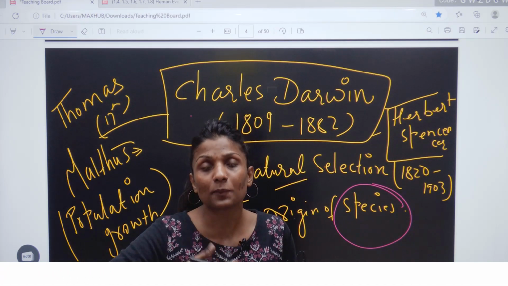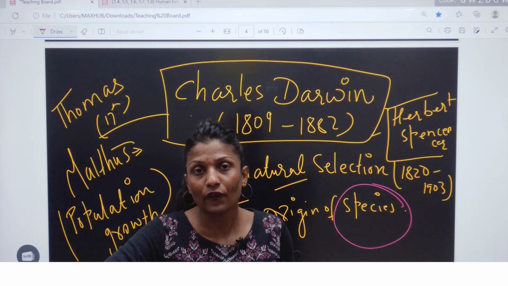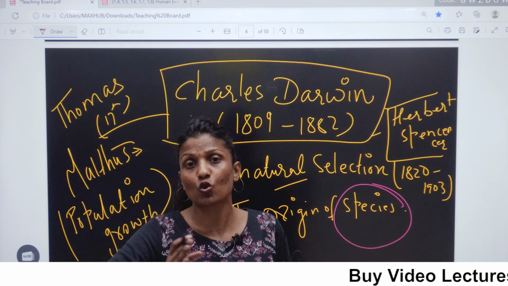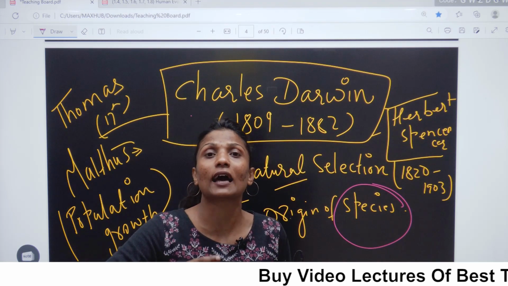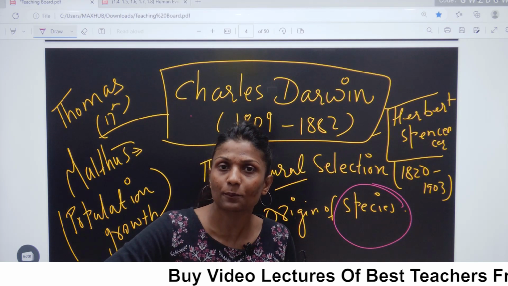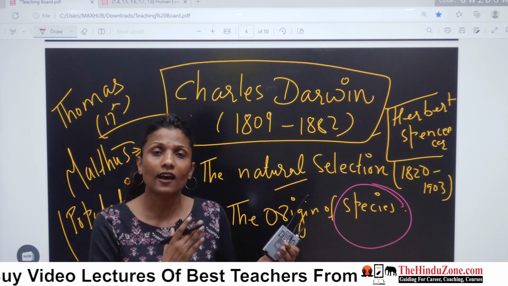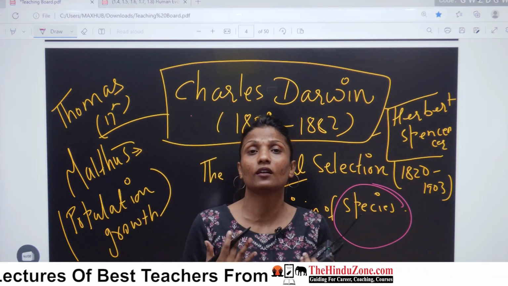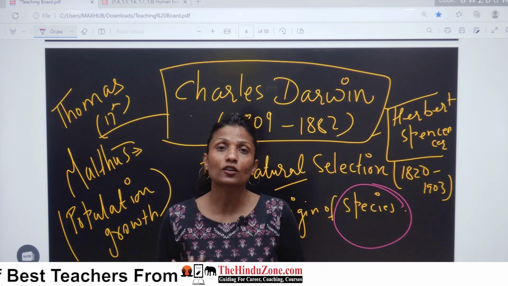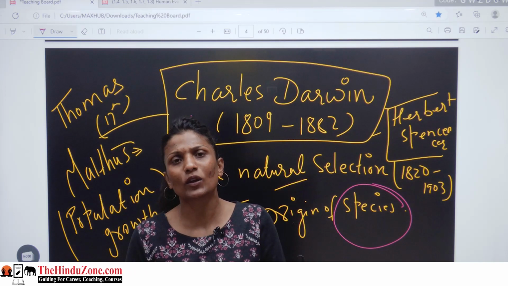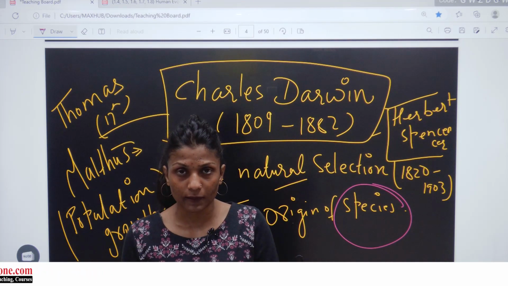Spencer says that the way organisms evolve and move from simplicity to complexity, society also moves from simplicity to complexity. Both Darwin and Spencer had a huge impact on each other, and their work was highly complementary.